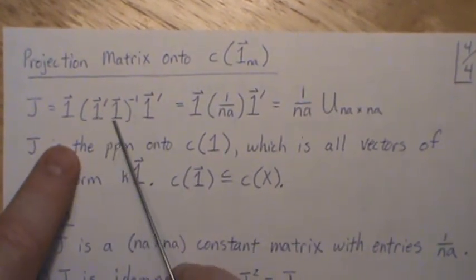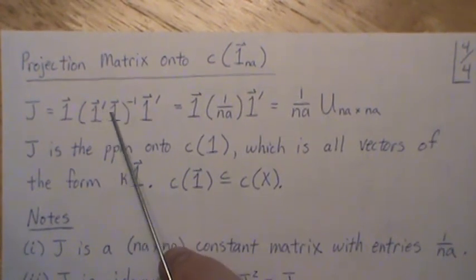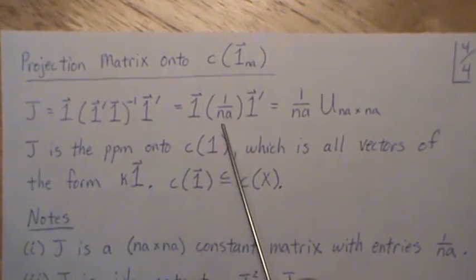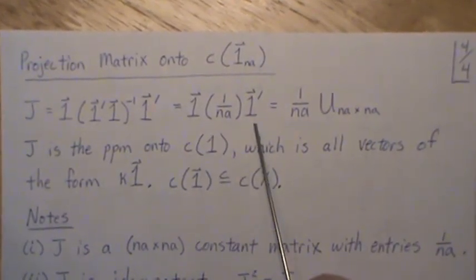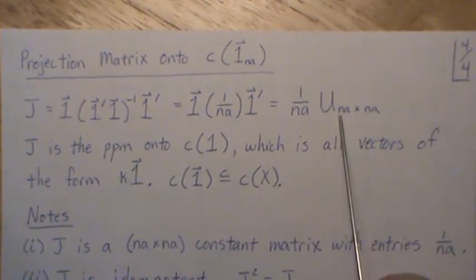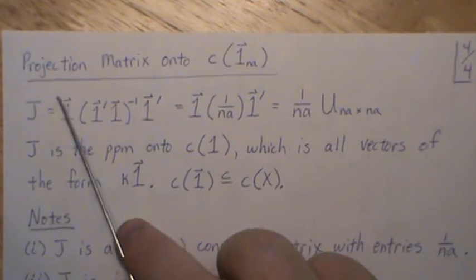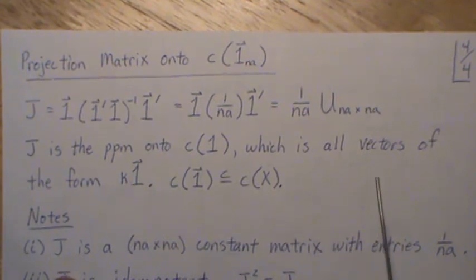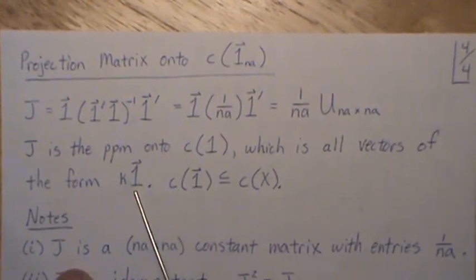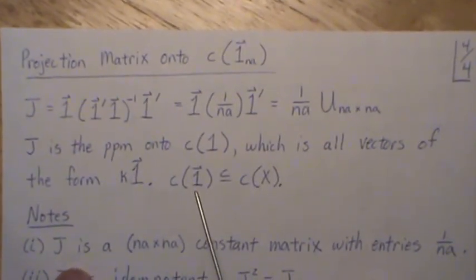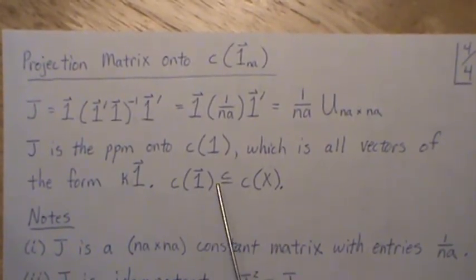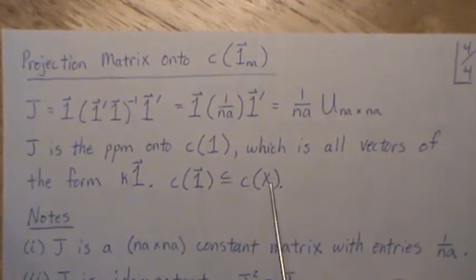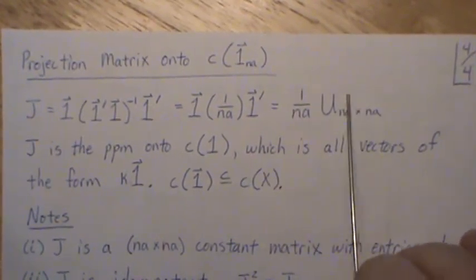This inner piece is summing na ones, so it's na, but then you take the inverse, so it's 1 over na, and that can be moved out, and then 1 times 1 transpose gives an na by na matrix of ones. So J is the projection matrix onto the column space of 1, which is all vectors that are constant. And since 1 is part of the design matrix, the column space of 1 is a subset of the column space of X. It's just a constant matrix of 1 over na.